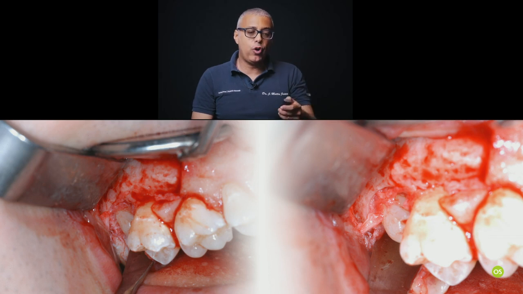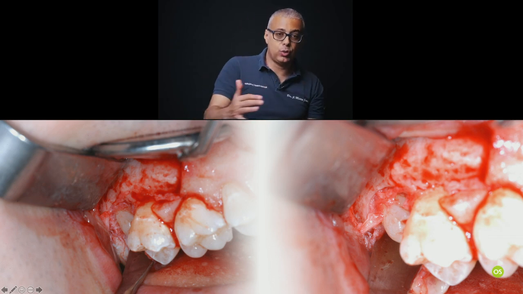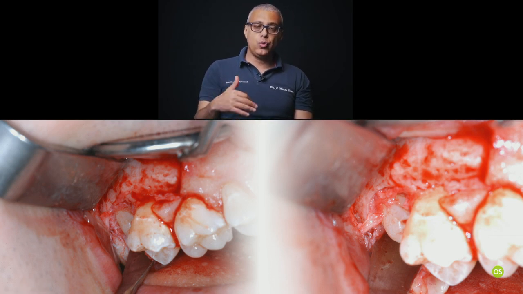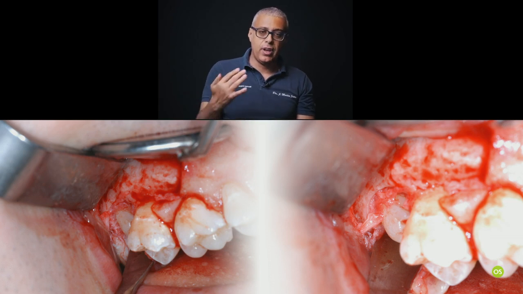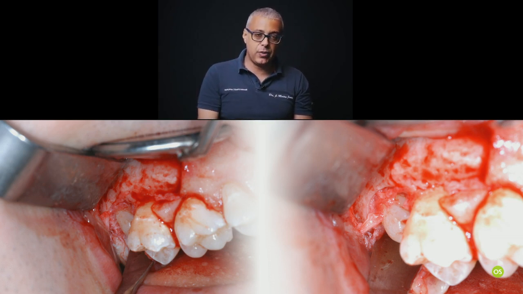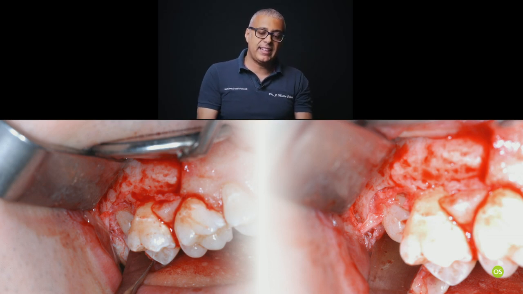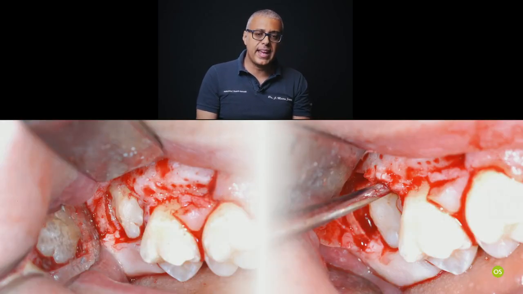And as I told you before, we also use some protection on the distal palatal aspect in order to detach the soft tissues from the tooth, also to reduce the risk of maxillary tuberosity fracture.